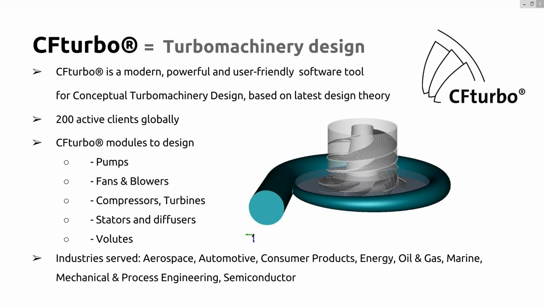And with our software, we serve the following industries. Amongst them, there are aerospace industry, automotive, home appliance applications, energy, oil, gas, marine, mechanical, process engineering, semiconductor industry, and so on. So that's quite briefly about CFturbo.